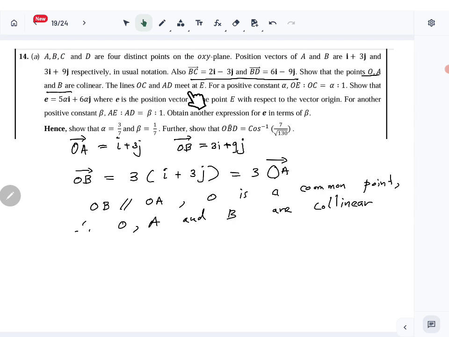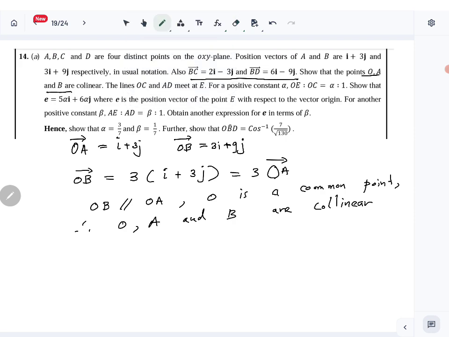Then lines OC and AD meet at E. For a positive constant alpha, the OE to OC ratio is alpha to 1. Show that OE is equal to this given vector. Right. So we need to find OC then. OC we can find using BC, which is given to us.